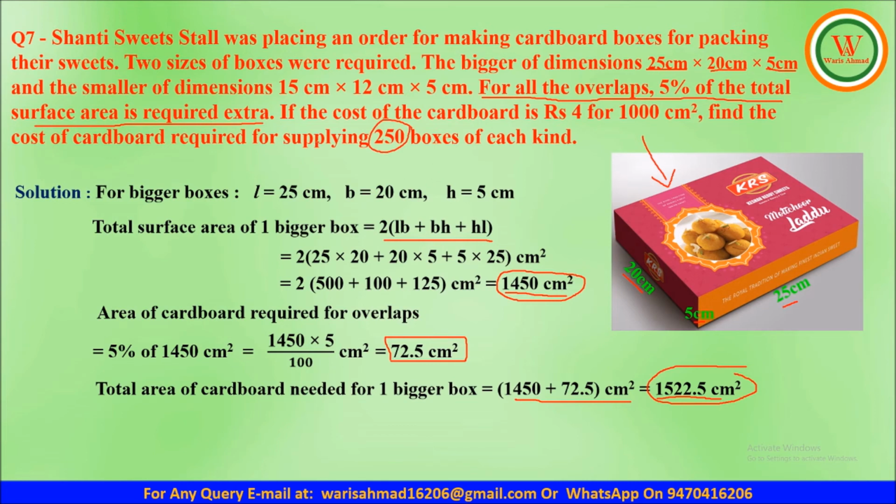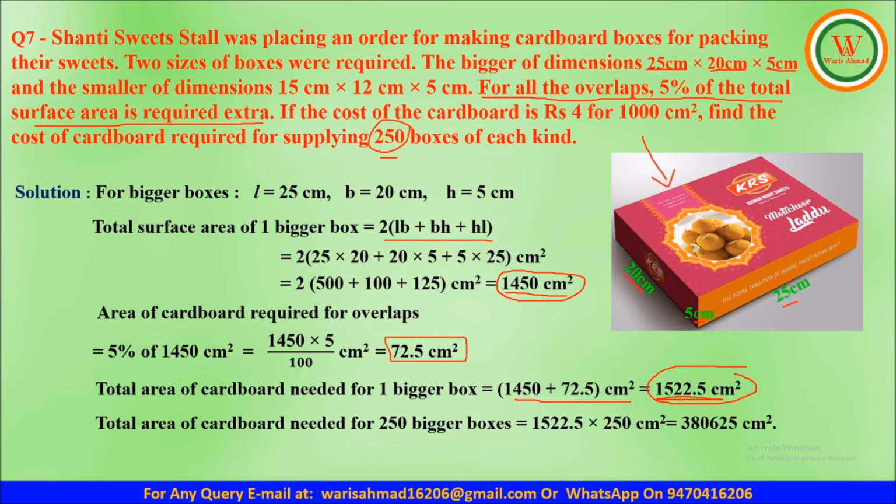Hence, to find the area of cardboard needed for 250 boxes, we have to multiply the area of cardboard needed for one box with 250. So here we can write, total area of cardboard needed for 250 bigger boxes will be equal to 1522.5 multiplied by 250.